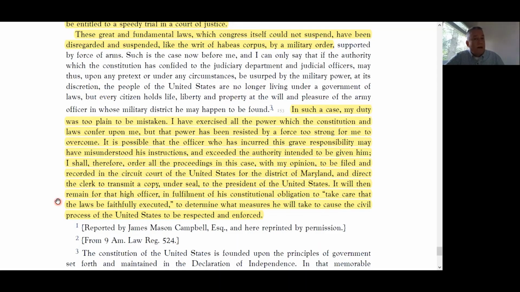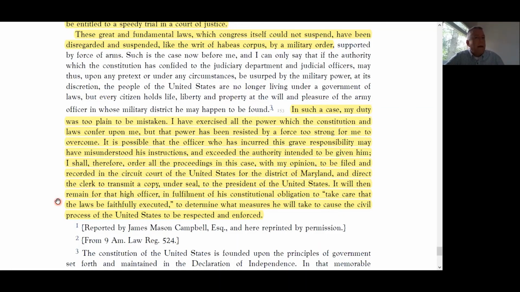And so why does Chief Justice Taney do that? It's hard to say. Perhaps he does not want to provoke a constitutional crisis with President Lincoln, where the Chief Justice of the United States orders the president to do something and the president refuses. But that has sort of happened here when you think about it.